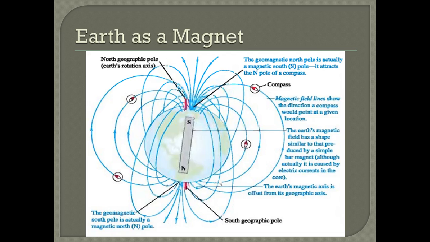This means that if the compass needle is always pointing towards the north, that means that the actual pole of the north pole is actually south magnetic, by virtue of the convention of the interaction that happens between magnets. So a south pole would actually attract a north pole. So if the compass needle that points towards the north geographic pole is a north pole, therefore the north geographic pole of the Earth is actually the south magnetic pole of the Earth. And in the opposite direction, the south geographic pole of the Earth is actually the north magnetic pole. Okay?